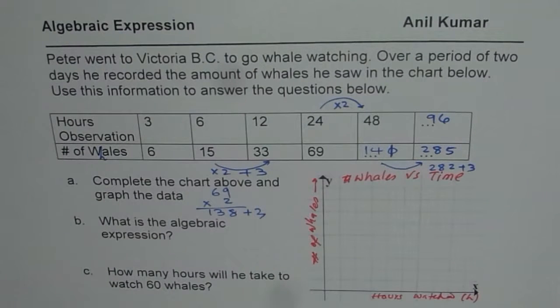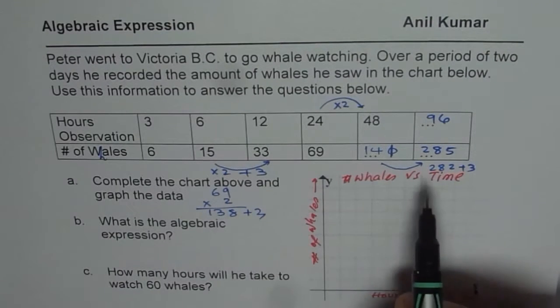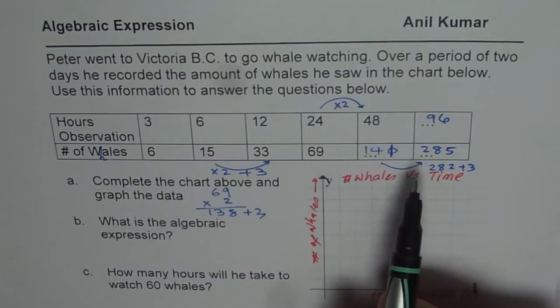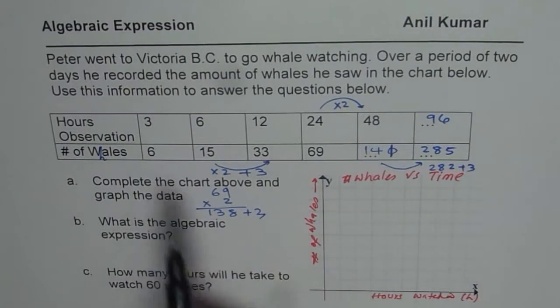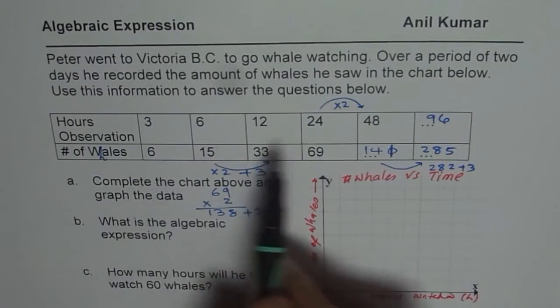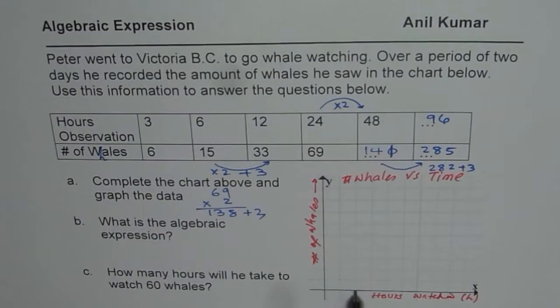Let us first see how to sketch this kind of graph. As you see, the data is not very easy to plot. The x values, the independent variable time in hours, go from 3 to 96. I have 10 squares, so if I keep 10 as a unit, I could go till 100.